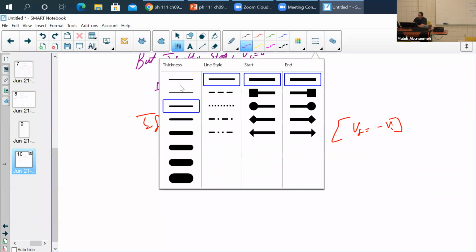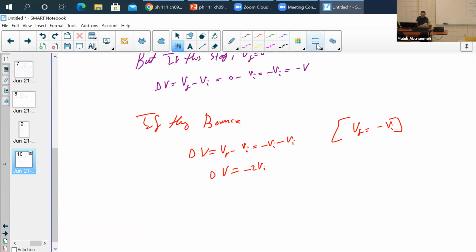That means your total mass M is going to equal nm.